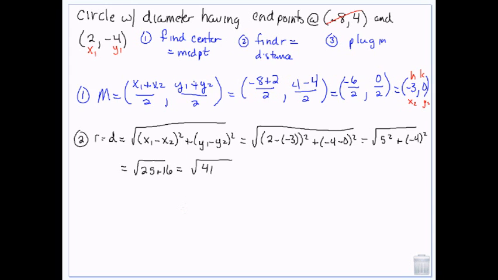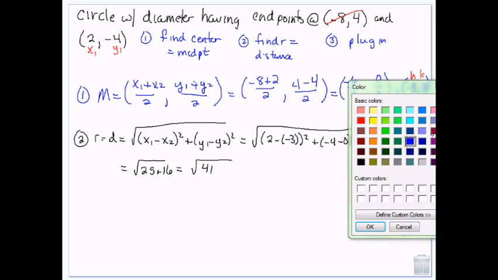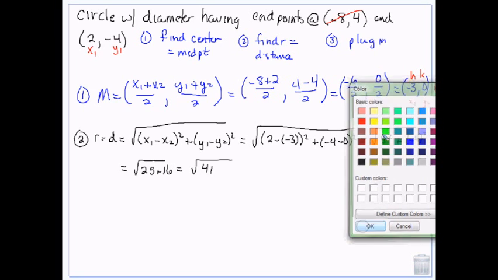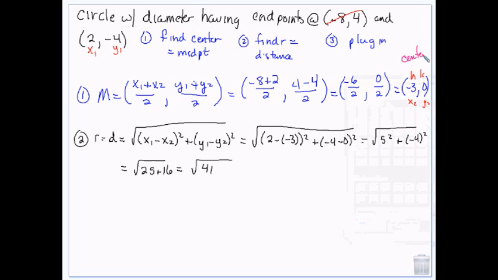Done. That's my radius. So this is radius. This is center. You can. I have faith in you. This is the center. This is the radius. Okay. And last, we're going to plug it in.